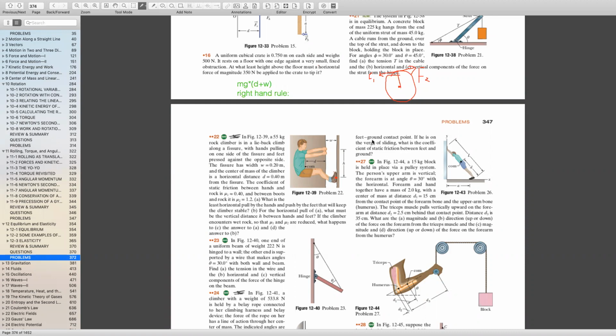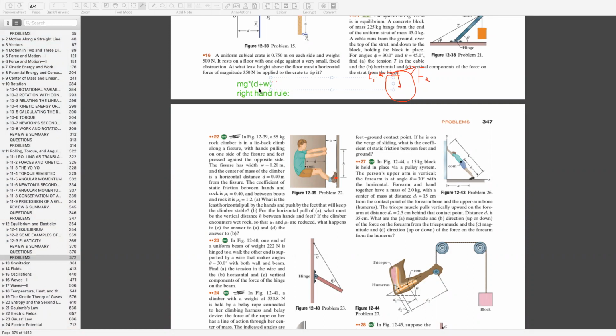So go ahead, Judy. You were trying to do the sum of torques, and we can see what we come up with and go from there. So this is the torque from the gravity plus the torque from the friction. We can try to say the friction. What's the radius of friction?